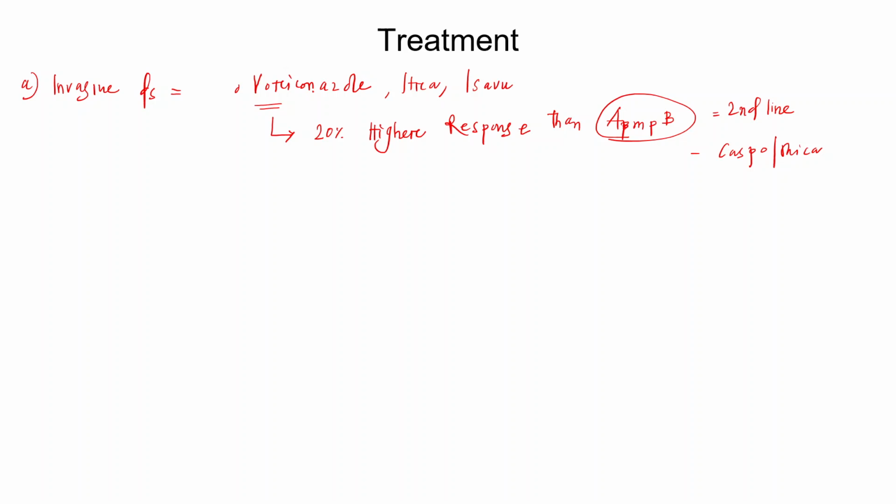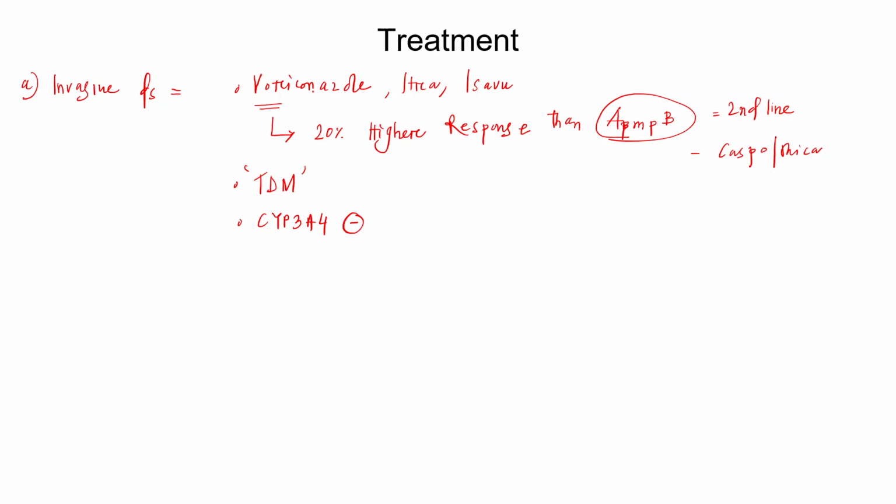Next point is, whenever you are using voriconazole, you have to do therapeutic drug monitoring because of high inter-individual variability. And also azoles are CYP3A4 inhibitors. So you have to always keep in mind the possibility of drug interactions, because all these immunocompromised patients will be on various medications.